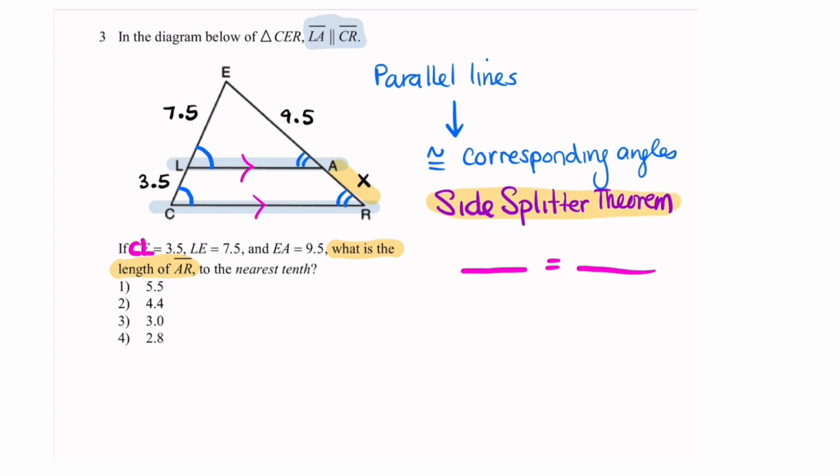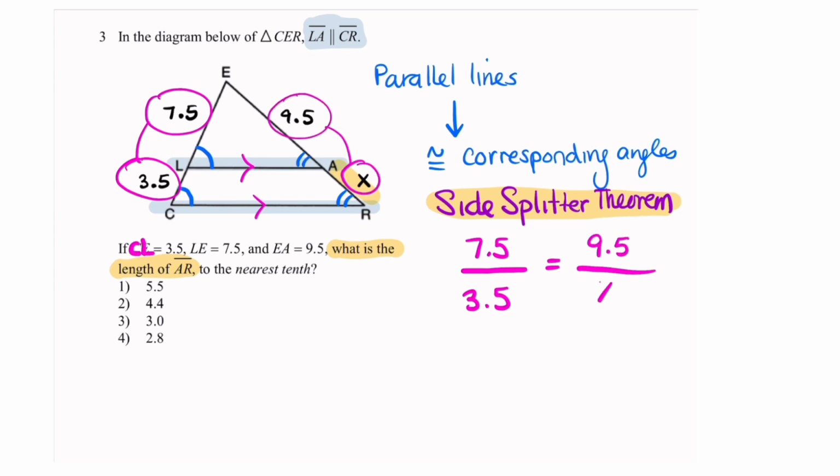A side splitter theorem is a proportionality theorem, so start setting up a proportion. The two sides on the left, or parts, are proportional to the two parts on the right. And a proportion is always solved by cross multiplication. So 7.5x is equal to 9.5 times 3.5.